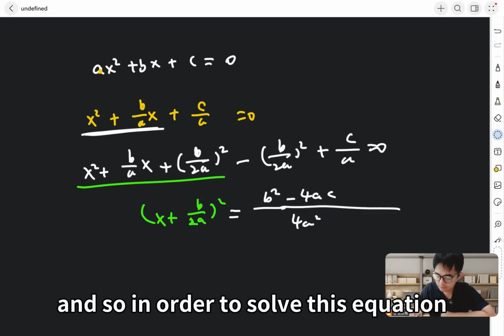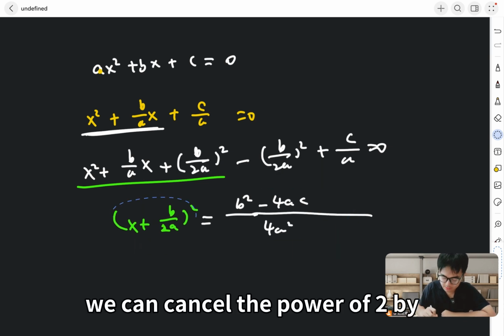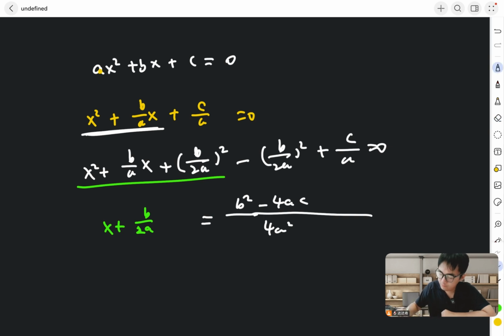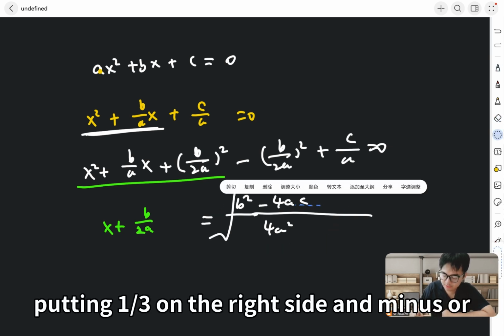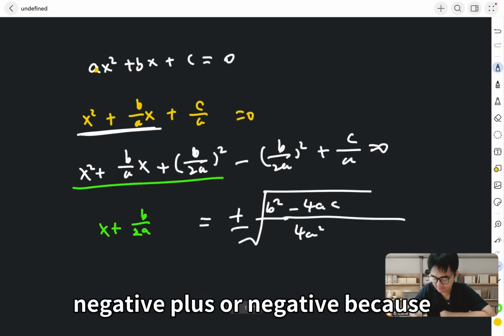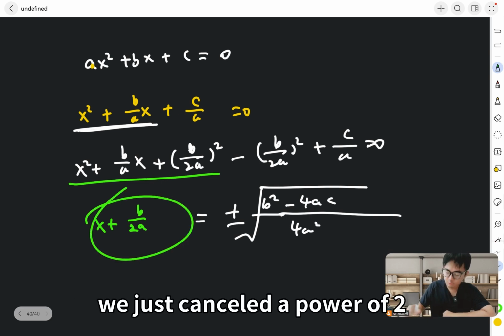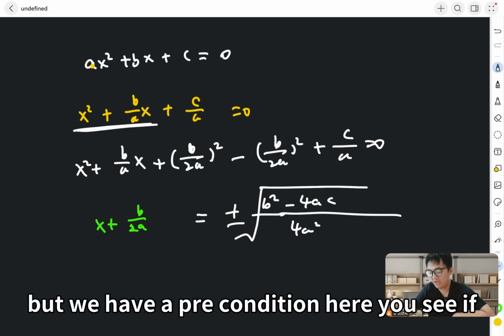And so in order to solve this equation, we can cancel the power of 2 by putting a square root on the right side, with plus or minus, because we just canceled a power of 2. But we have a precondition here.